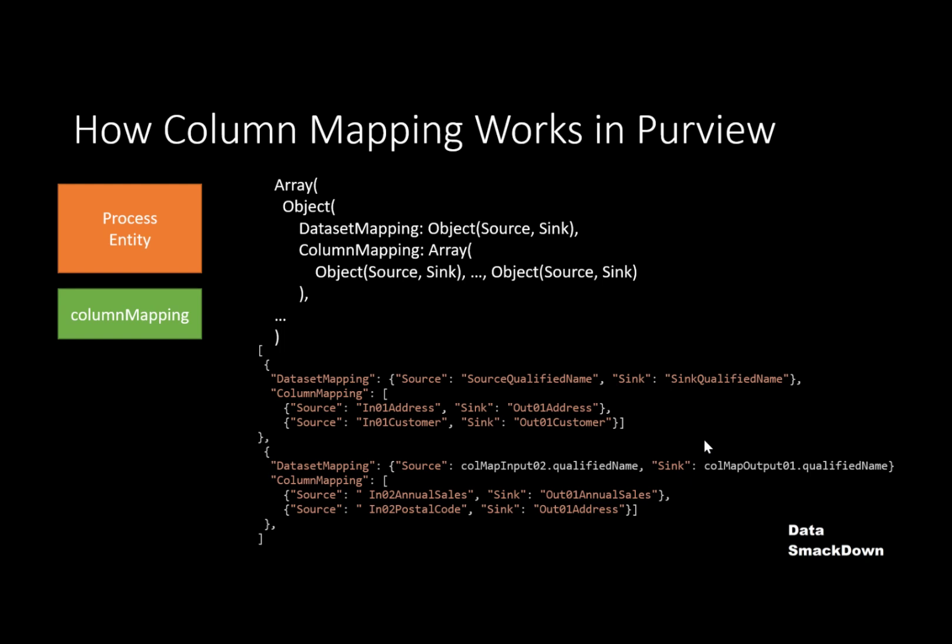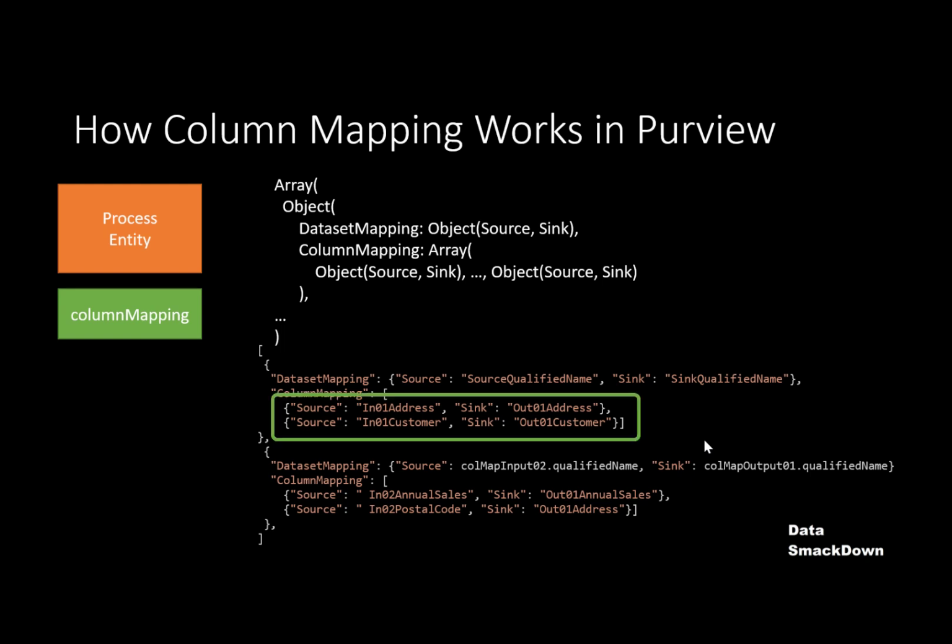So if you have an input with the qualified name of input A and an output of output B, then your dataset mapping would look like, curly braces, quotes, source, then the input A as your source qualified name, and then comma, sink, and then in quotes, of course, the output B as your sink. So that's a nice dataset mapping.